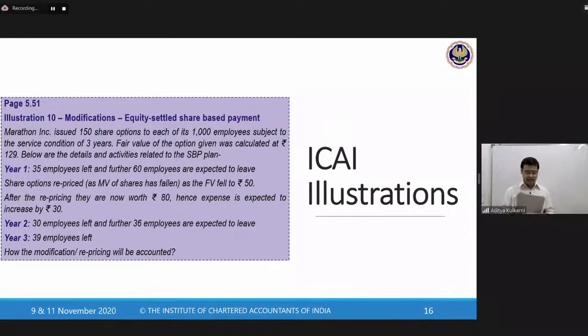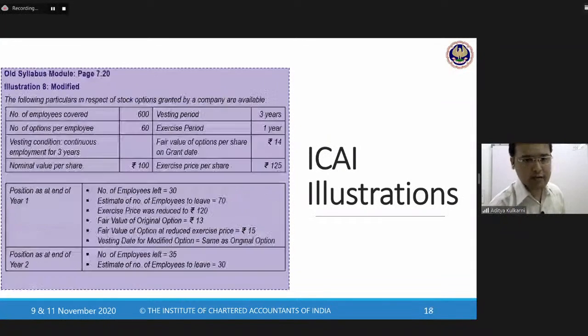I have taken them either from RTPs or past papers, to the extent they are not covered in the study module. So this question, please do it later on. I am doing a better question for you, so that when you do it, you will be able to appreciate it better.